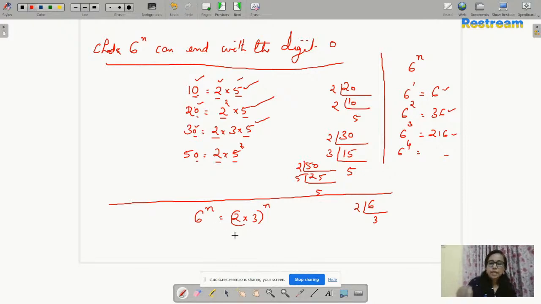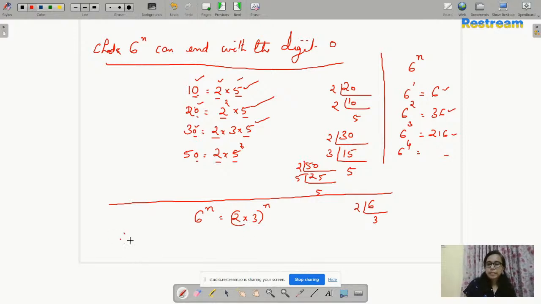Do you understand? Suppose the question is 10 raised to the power n, it is always ending with 0, no doubt at all, because 10 is 2 into 5. The original format of a number which is ending with 0 is always in the form of 2 into 5. Got it? So we have 2 into 3 whole raised to the power n.